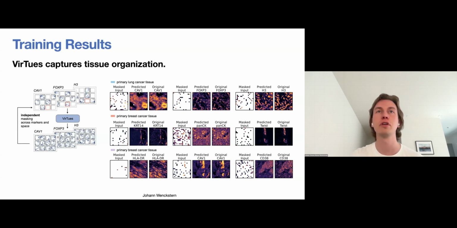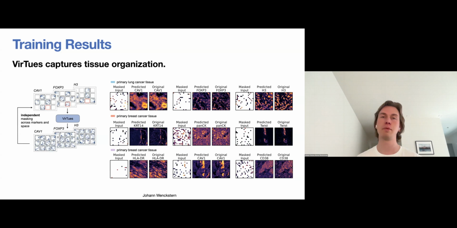We see here, for example, in Carf 1, that both the global structure of a tissue and where no expression occurs is correctly predicted, as well as the local high intensity peaks, such as this circular structure here. We see the same in histone, the right column, first row, third column.